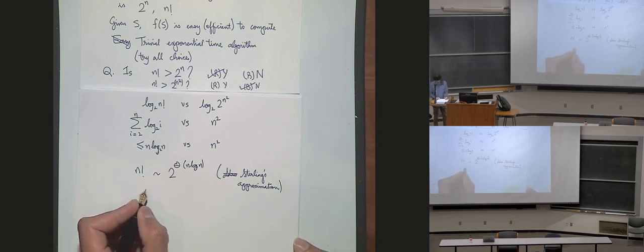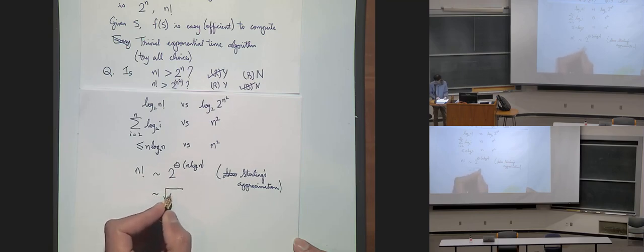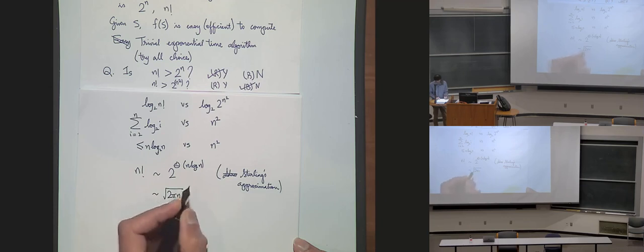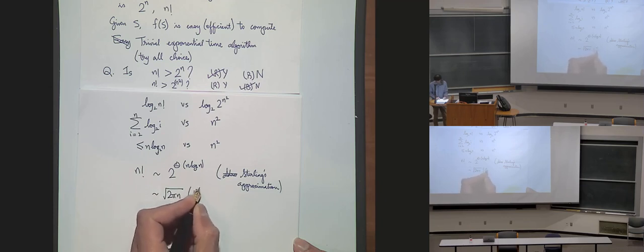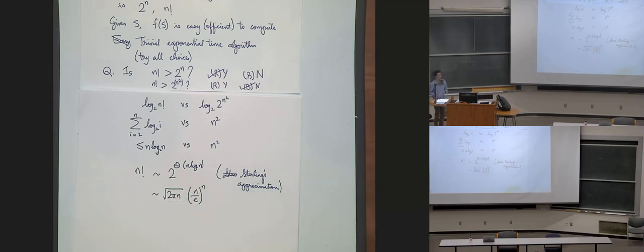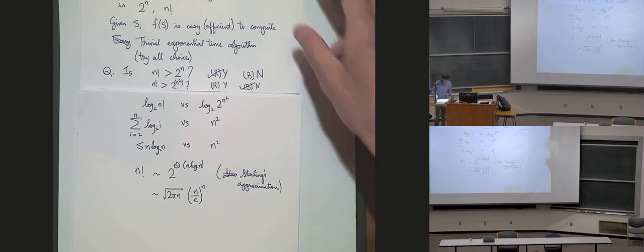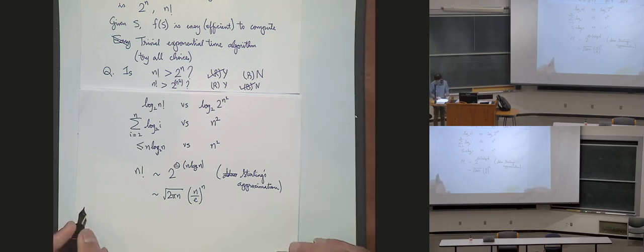It's known that n factorial in the limit is square root 2 pi n times n divided by e to the n. Which, if you think about it, is completely insane, because n factorial is just counting permutations. It has nothing to do with circles. But then the formula actually has pi in it, in the limit. Anyway, I don't even know why I said this, but let's go back.